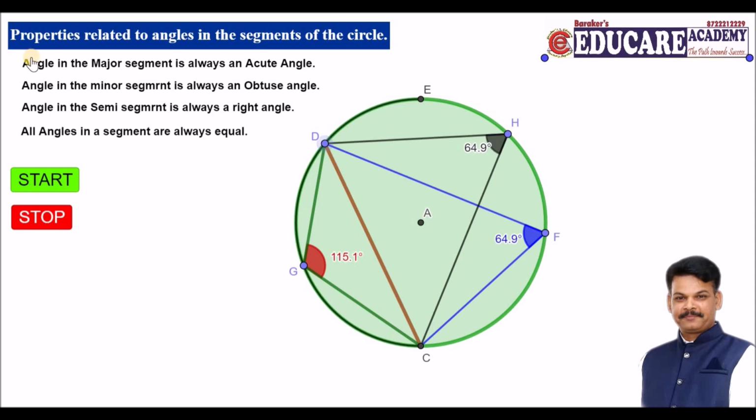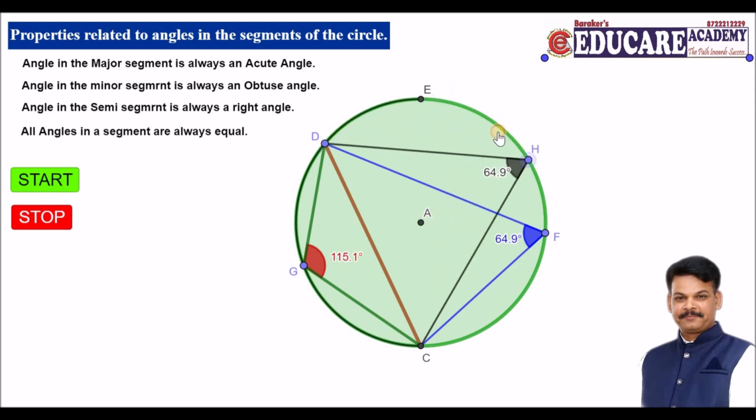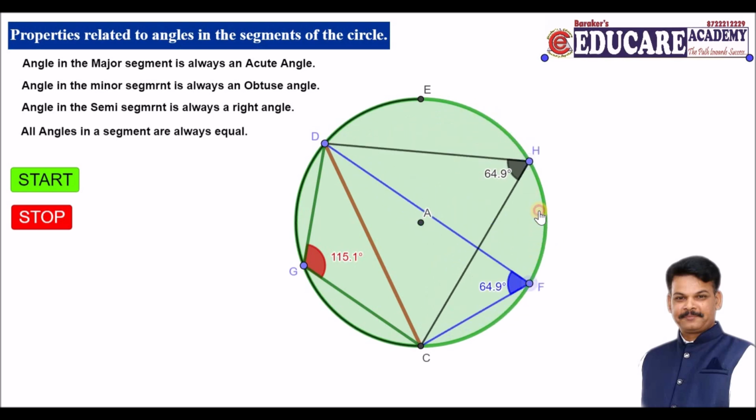The first property is: the angle in the major segment is always an acute angle. Here, CHDC is a major segment, and if you consider any angle in the major segment, that angle will always be an acute angle. It will be lesser than 90 degrees.